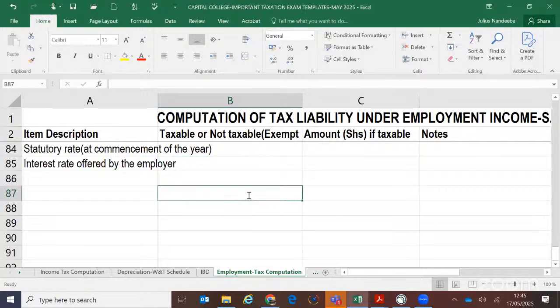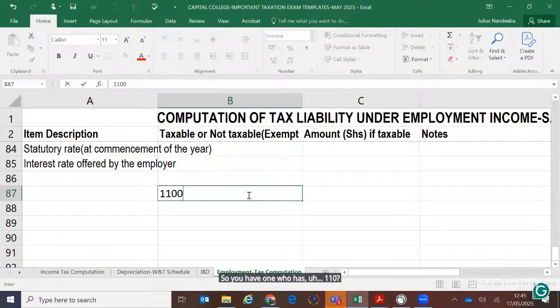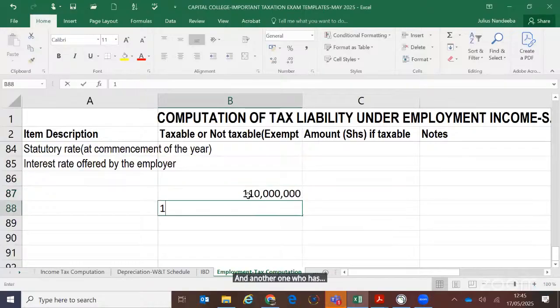So you have one who has 110 million, and another one who has 150 million.